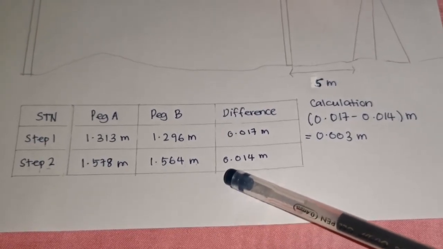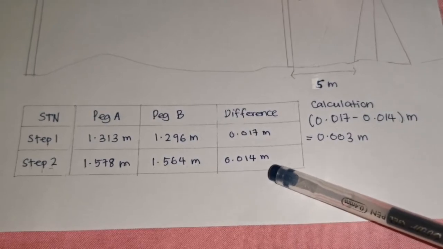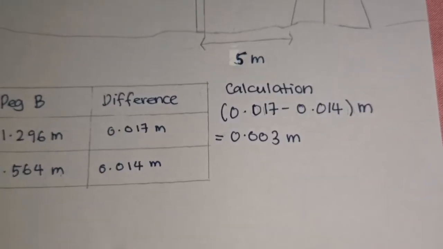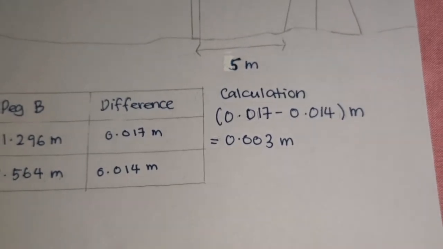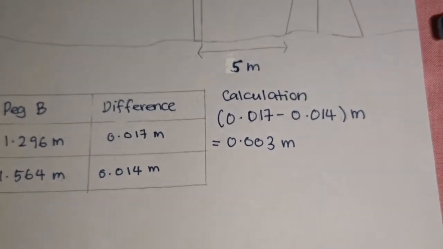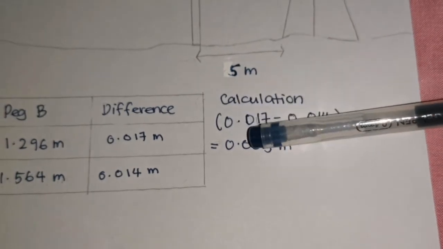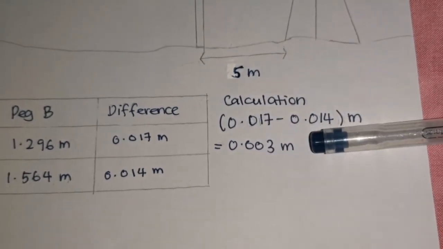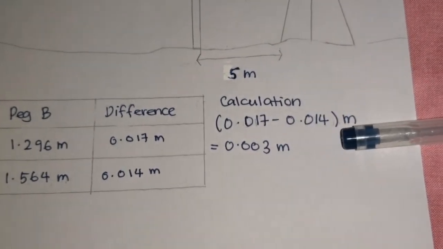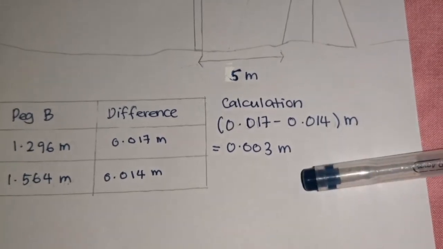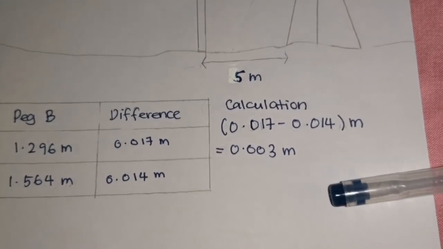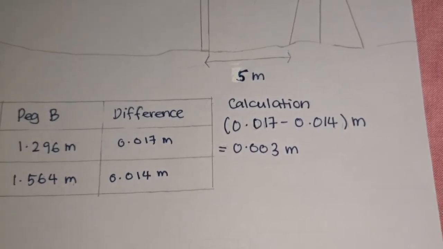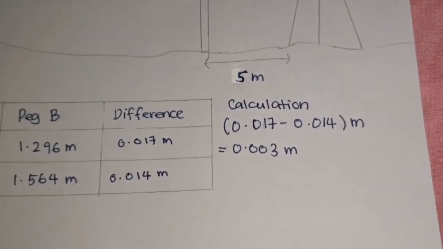Then we get 0.014 meter. Then we calculate the difference between step 1 and step 2, that is 0.017 minus 0.014 meter equals 0.003 meter. Therefore, the auto level is in good condition and can be used at the site.